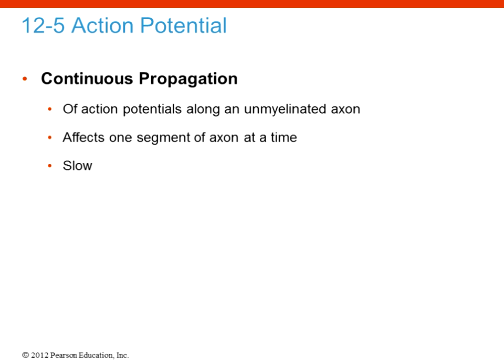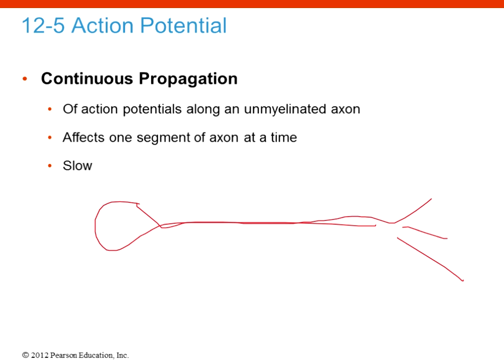All right? So, continuous propagation is, again, the propagation of an action potential on an unmyelinated axon, and affects one segment of the axon at a time. So if this is a neuron cell body here, and you have an axon, right, that's not myelinated here, and it ends at the telodendria. This isn't the greatest picture in the world, but hopefully you're going to get the idea.